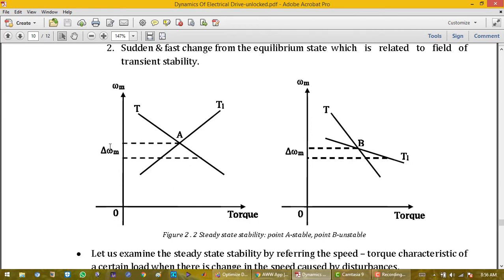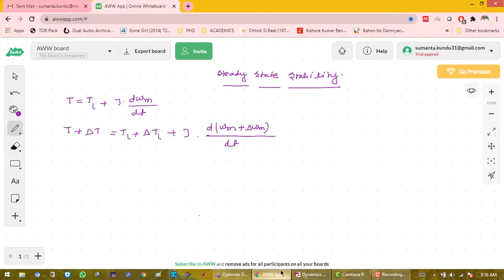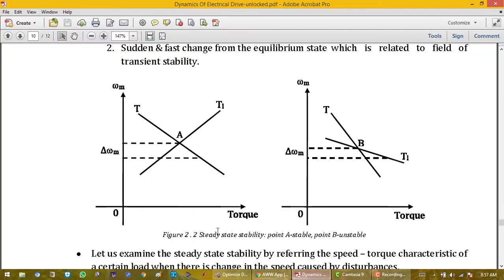So there is a change of del omega m, that is omega m1 minus omega m2, and the speed is reduced.